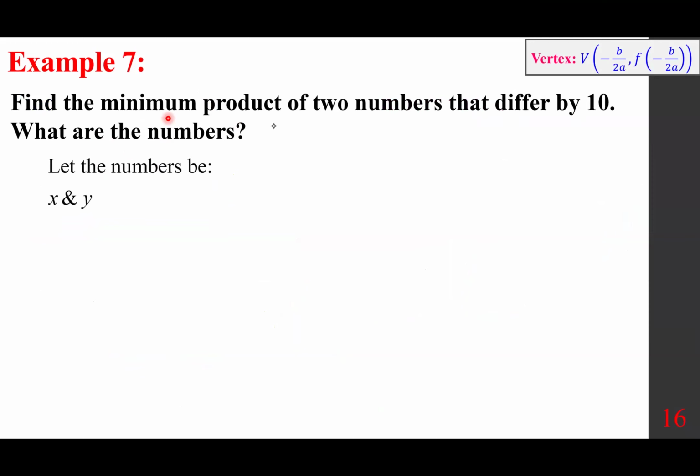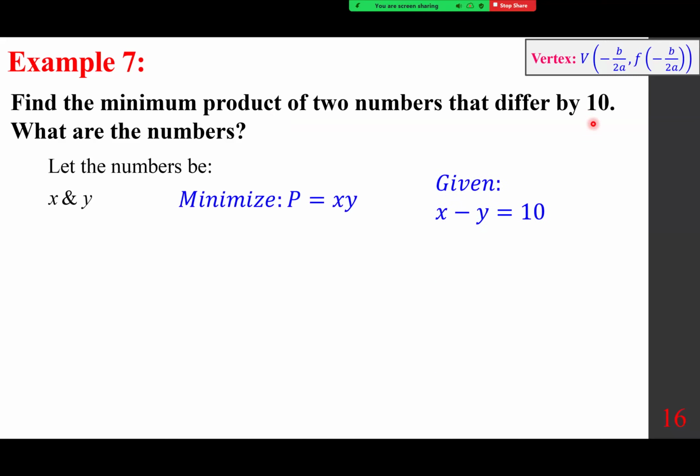We want to minimize the product. We're going to call it P equals xy. Minimize P equals x times y, knowing that they differ by 10. So you can write x minus y is 10 or y minus x is 10, makes no difference.